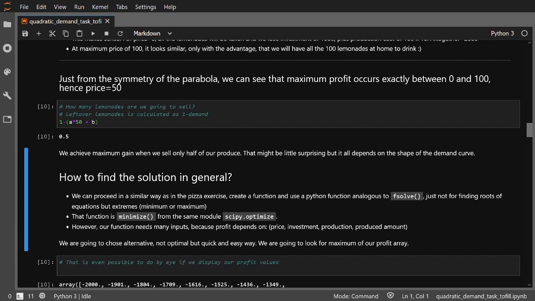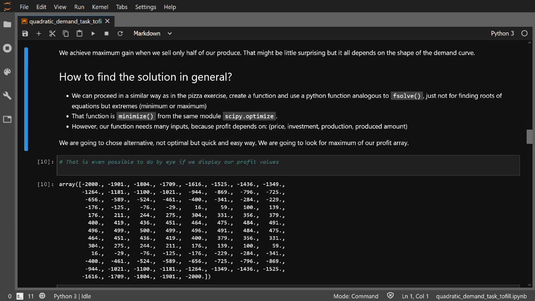This might be a little surprising, but it all depends on the shape of our demand curve which we had in the task. So how do we find the solution in general? We can proceed in a similar way as in the pizza exercise. We have a function for our profit, and we use a Pythonic method analogous to fsolve. Just we don't want to find the roots of the quadratic equation, but we want to find its extreme, either minimum or maximum.